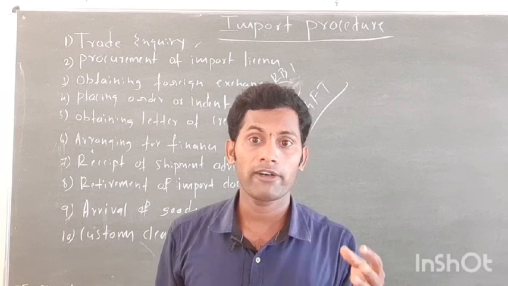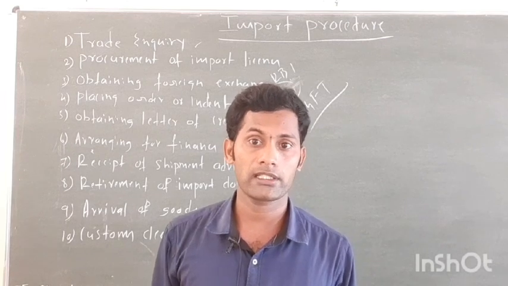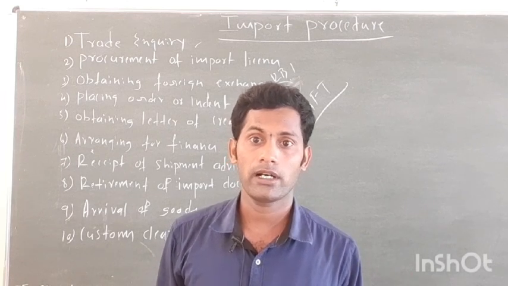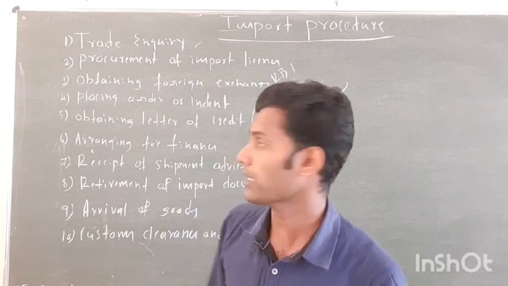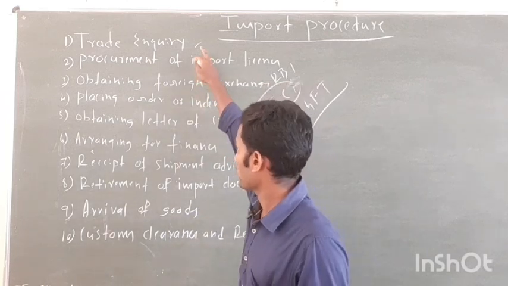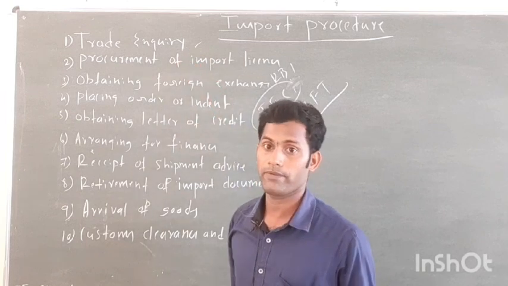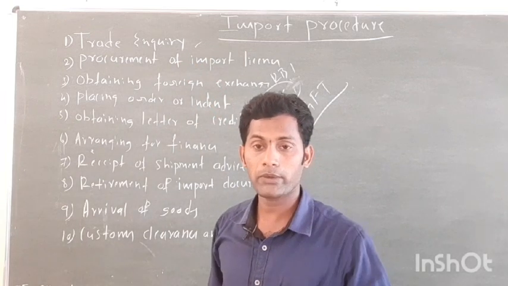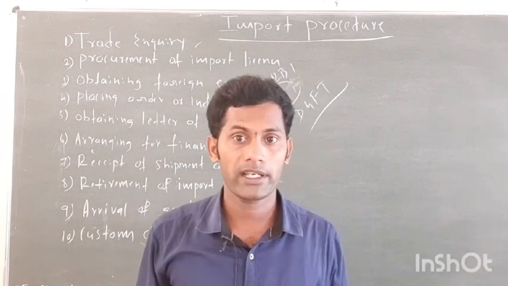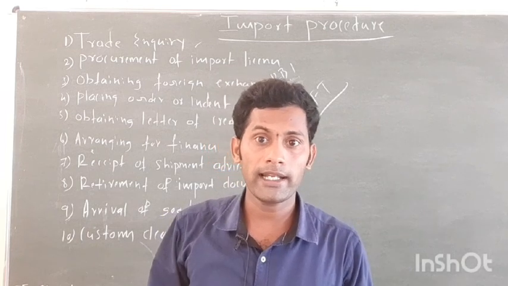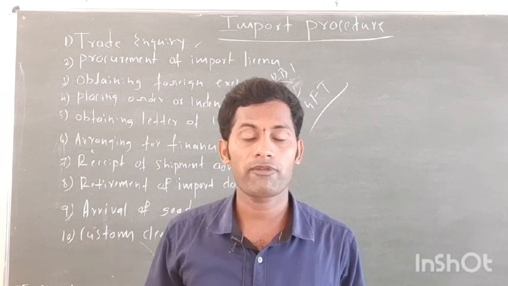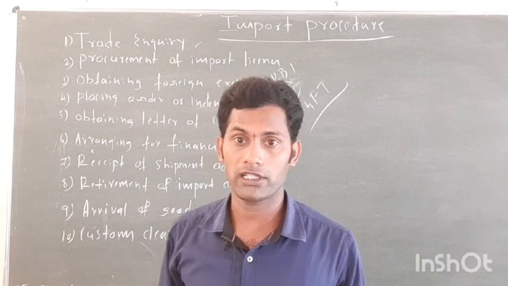That is called pro forma invoice or quotation. We studied this in our last class under export procedure. That is the second step there. Here, the first is the trade inquiry by the importer, and then the exporter sends the pro forma invoice or a quotation.